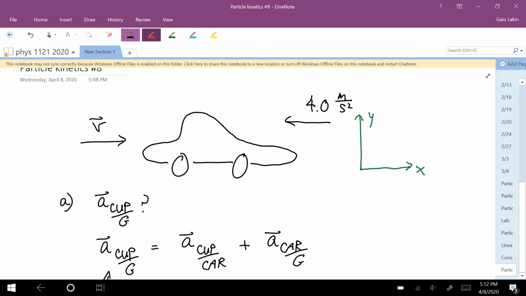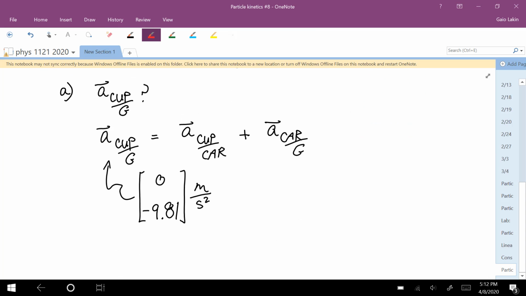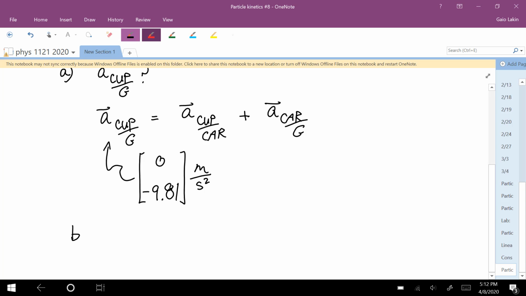Okay, so then now it'll ask some of these other questions. What acceleration would the coffee cup have to an observer inside the car? So that's the one I was thinking of. So we have acceleration of the cup relative to the ground is equal to acceleration of the cup relative to the car. That's what we're trying to find this time.